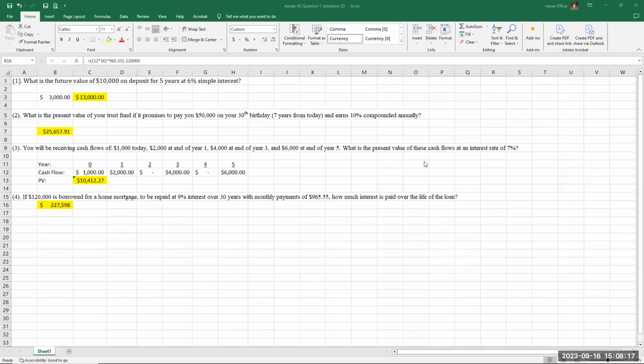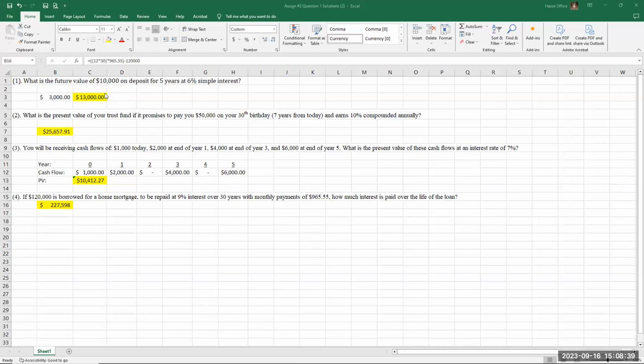Here's the spreadsheet for the solutions for the first 4 questions where you're doing specific calculations in regards to the time value of money. Question number 1, what is the future value of $10,000 on deposit for 5 years at 6% simple interest? And that's where I got you in the problem.